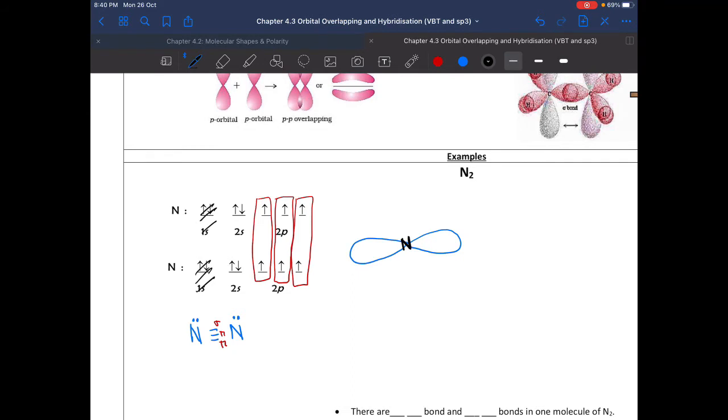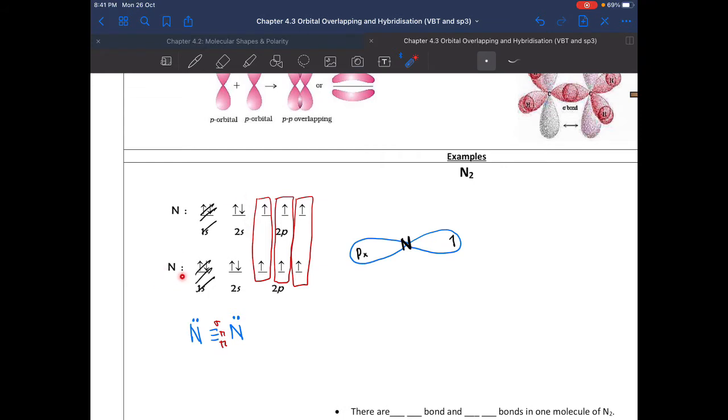Okay, and this orbital, okay, dia ada one electron, so we need to draw one electron. And this orbital, you can label it as px. Okay, so nak label kat dalam boleh, kat luar boleh. So this is px orbital dekat nitrogen yang ini.